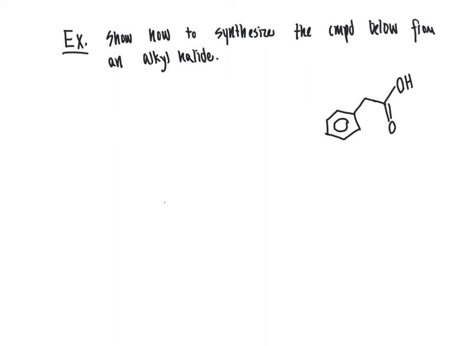So the way we attack this is we think retrosynthetically, backwards, one step at a time, until we've worked our way back to an alkyl halide starting material. In order to do that, the first thing we need to ask is, in one reaction, how could we go from something to a carboxylic acid product that is this particular structure?